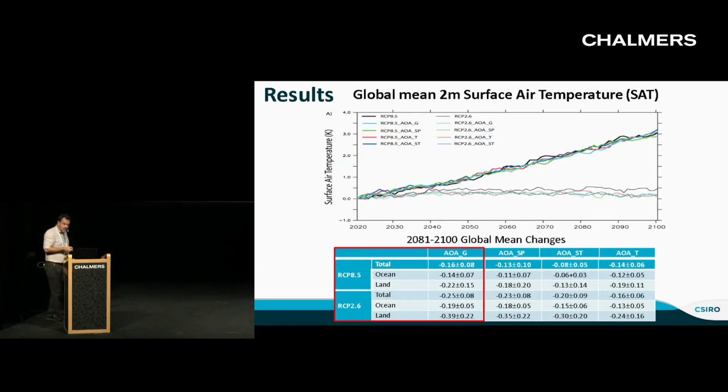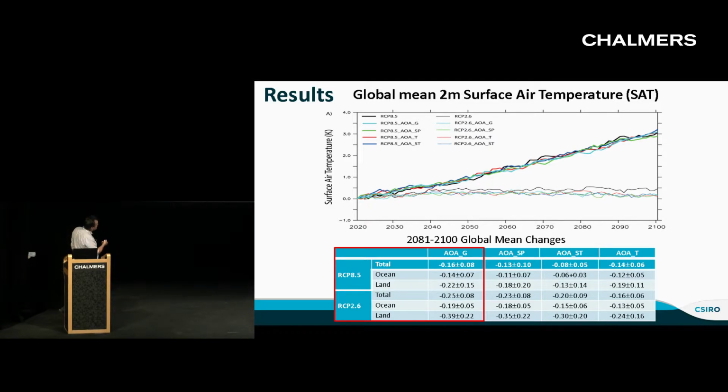Okay, let's look at the changes in surface mean temperature over the same period. Surface temperature here, 2 metre temperature, again 2020 to 2100. The black lines again represent the control simulations and the colours represent the different places where it goes. What you can see here is that despite larger uptake of CO2 under high emissions, you actually get a larger cooling under low emissions than high emissions, which is really, really fascinating.